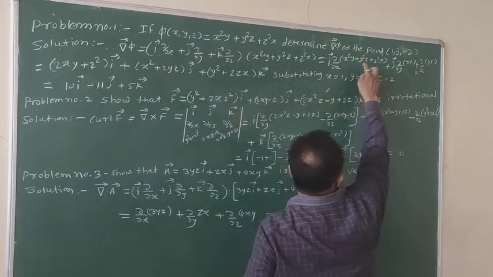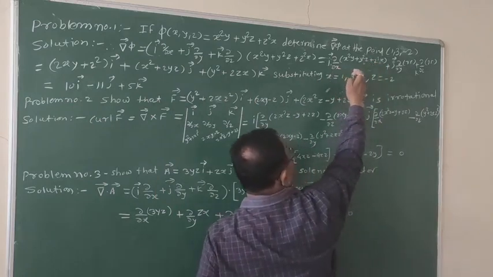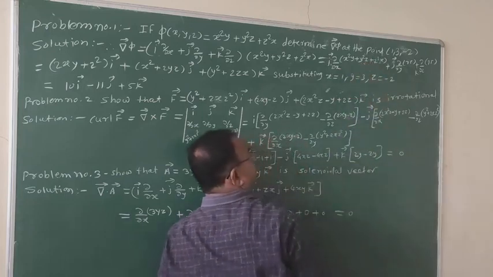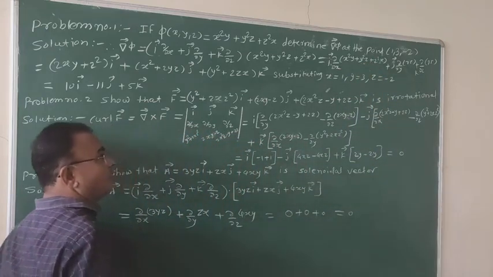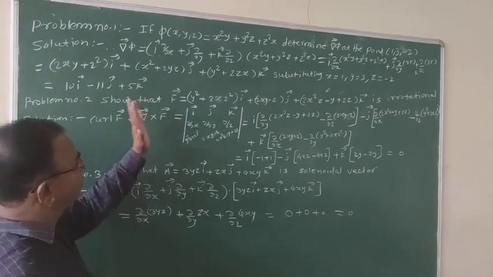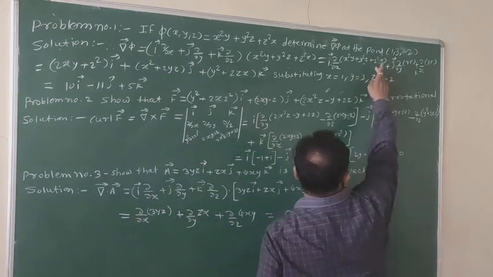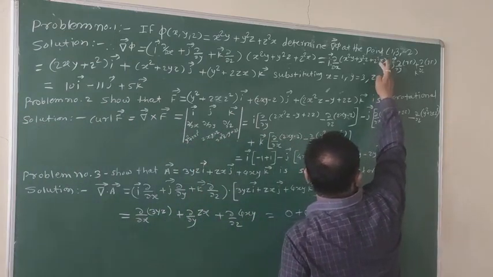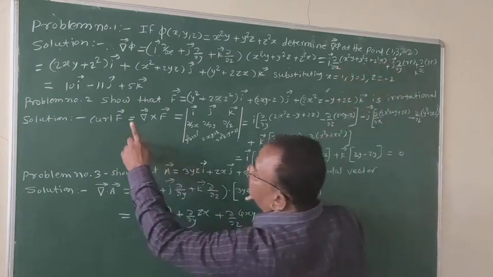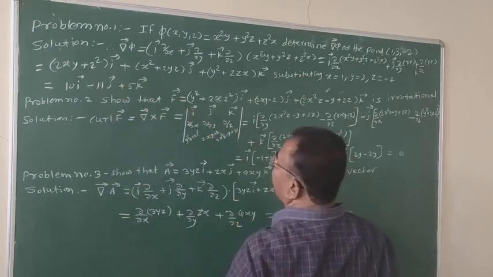In the second term, y square z, there is no x. That means y square z is constant, and we know that the partial differentiation of a constant term is 0, so there is no need to write the value 0. Next, z square x: the partial differentiation of z square x with respect to x is z square. That means z square into i bar as it is.